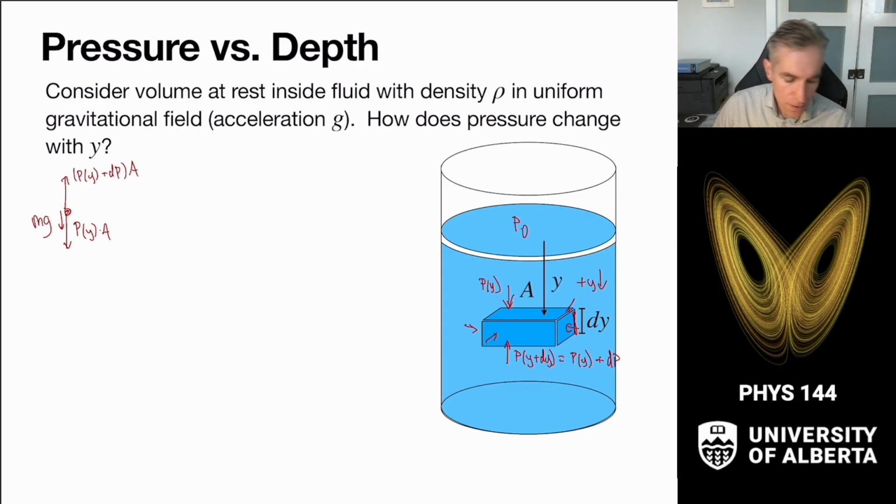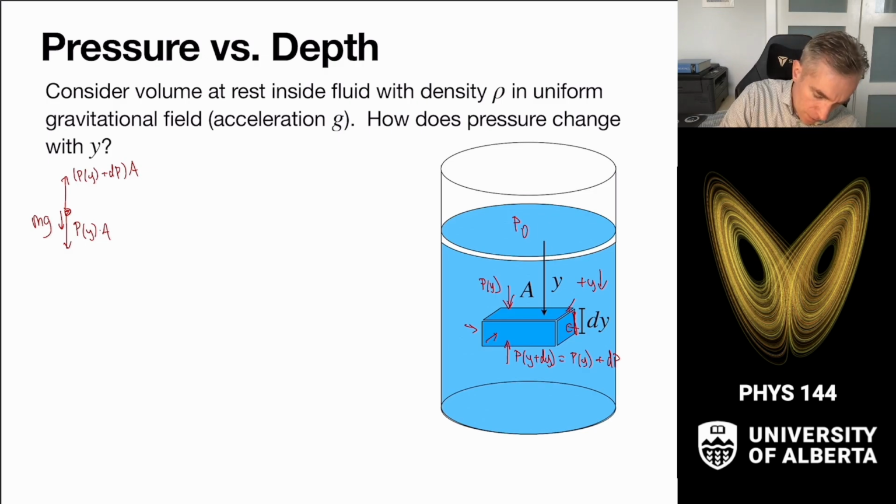And we're going to assume that this is in equilibrium so that we have P of Y plus dP times the area minus, I've defined, the mistake I've made is I've defined downward to be positive.